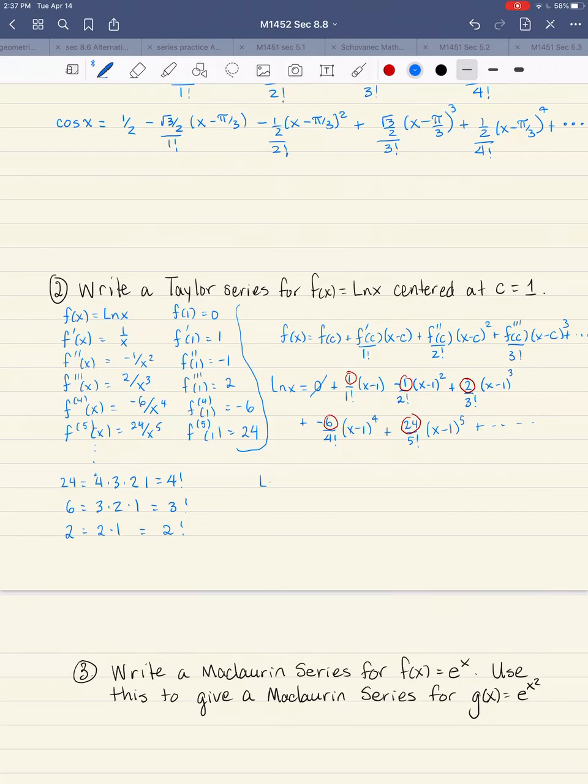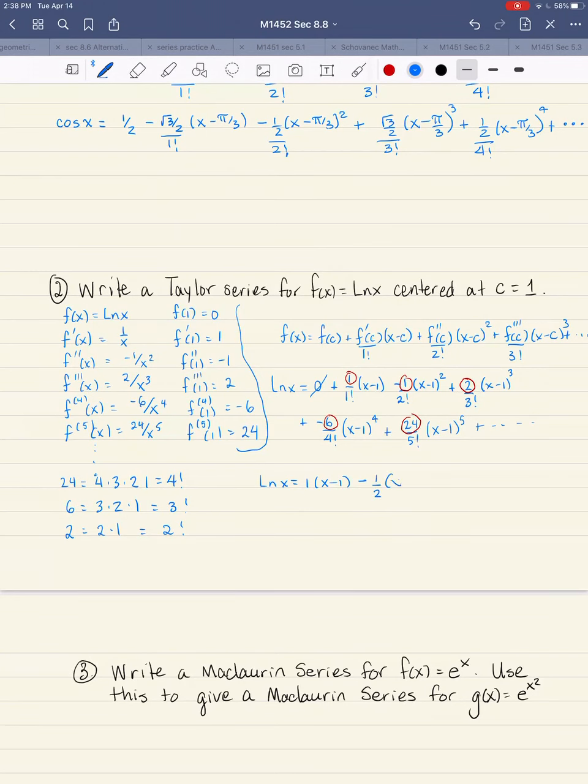So we can write the natural log of x, ignoring that 0 right there, as 0 factorial divided by 1 factorial, which simplifies to just 1, minus 1 factorial over 2 factorial. That's just going to simplify to 1/2.